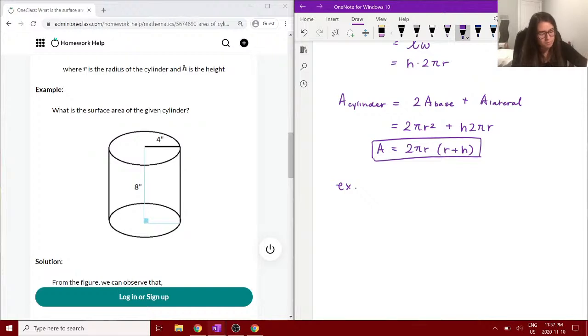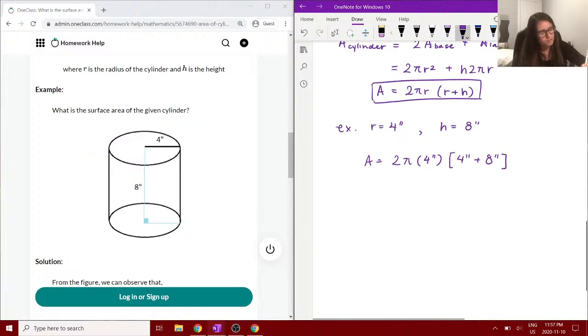So from this diagram, we can see that the radius is equal to 4 inches, and the height appears to be 8 inches, right? So let's try to solve what the area is from the formula we just found out. So we have 2 pi r, which is 4 inches, and then r, which is 4 inches, plus h, which is 8 inches.